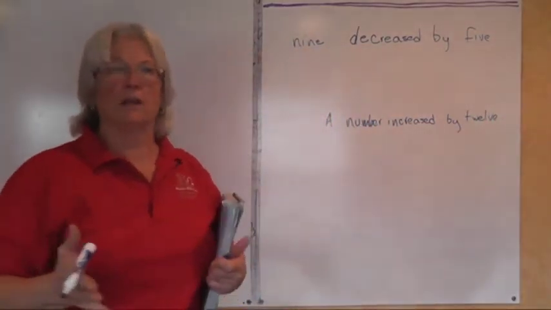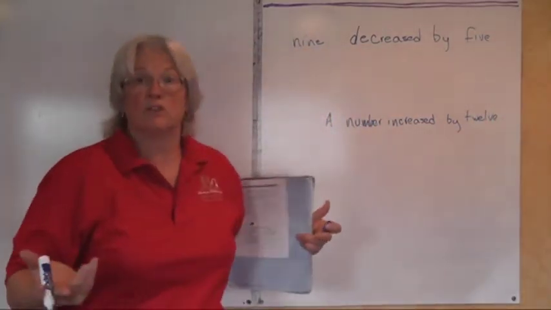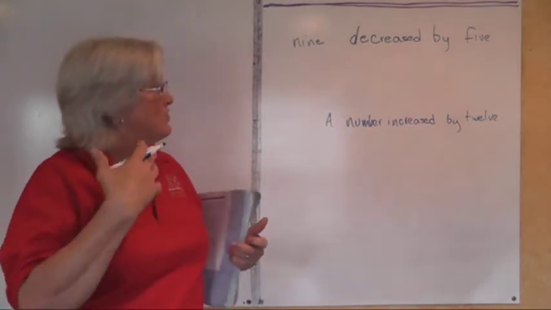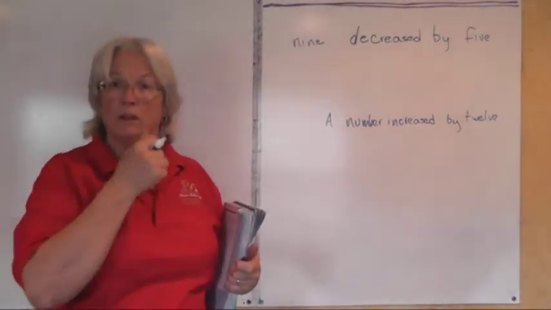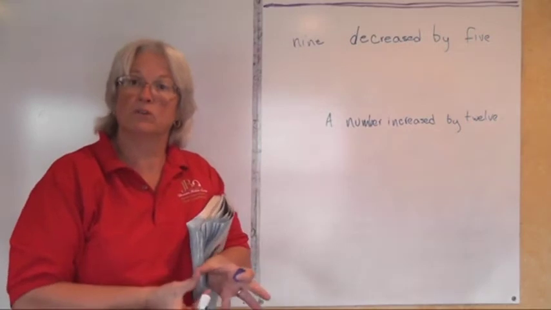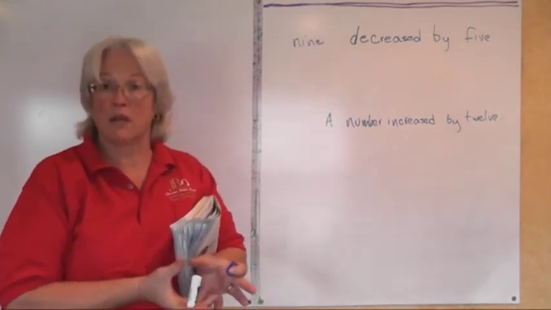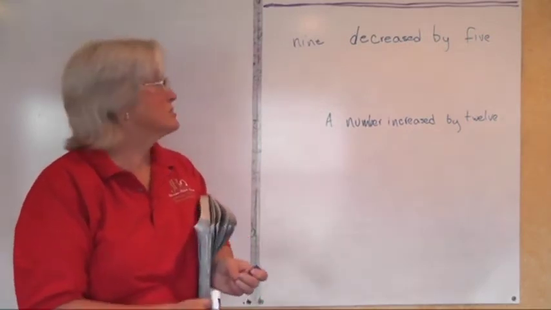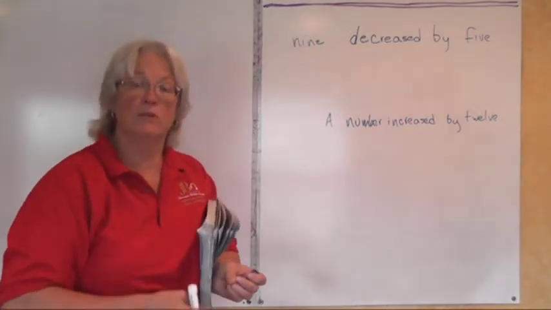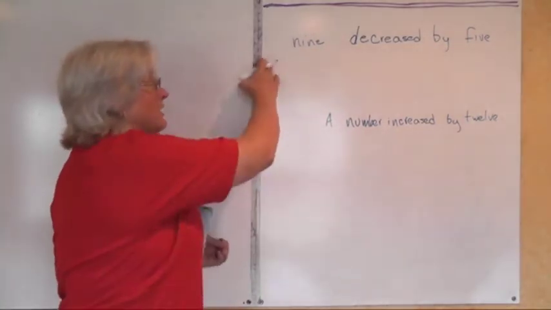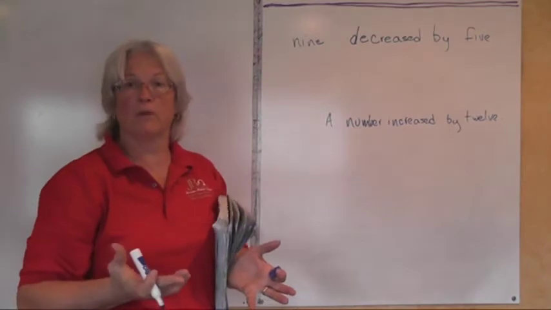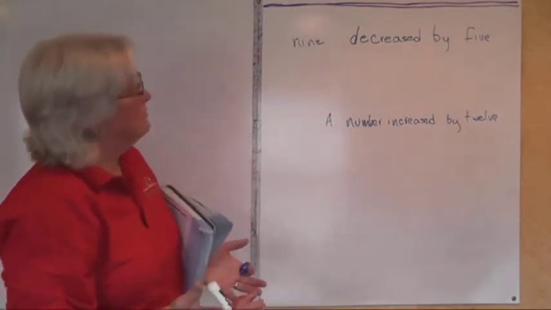Now if you look at that, that's clearly written in English. There are no pluses or equals or anything in there that lets us translate this into a mathematical statement or a mathematical expression. So in order to be able to do things algebraically, you have to go from English to algebra. So what are we looking at? Well, 9 decreased by 5.